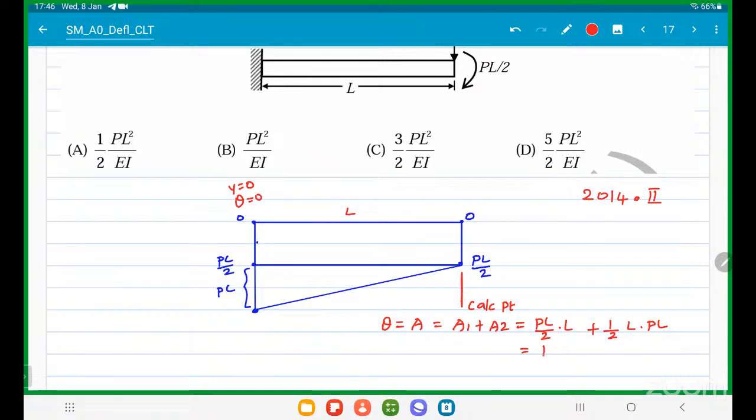Equal to PL square by 2 plus PL square by 2 equal to PL square. Correct? Right? Okay. So this is for EI. At last divide by EI. So don't introduce EI in between. Don't make it complicated. Correct? Done.